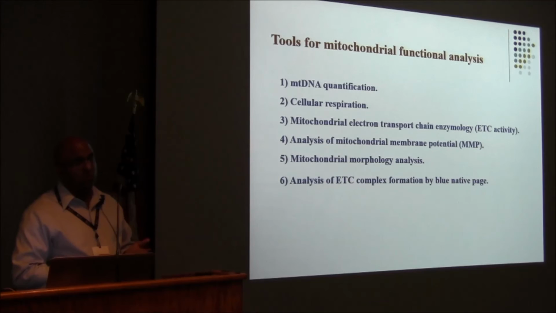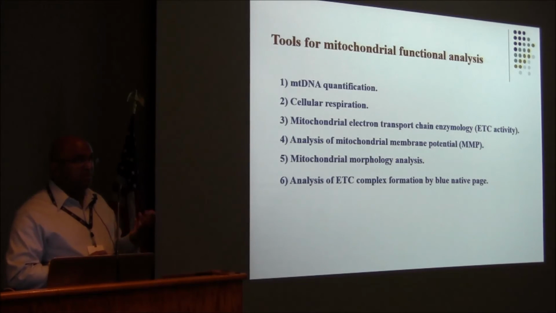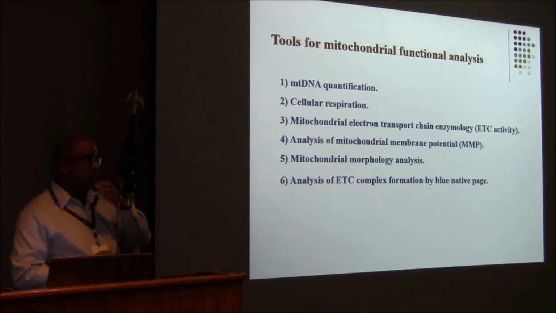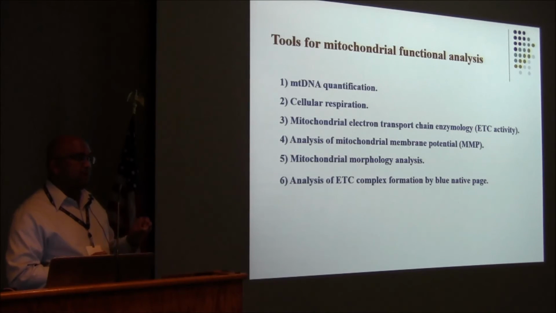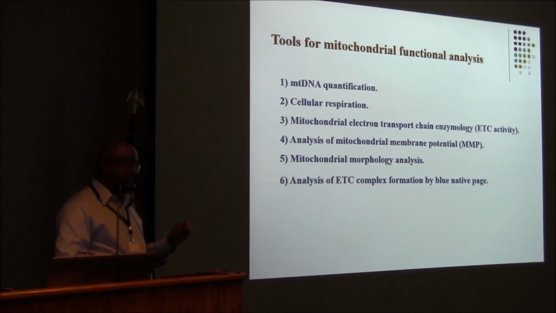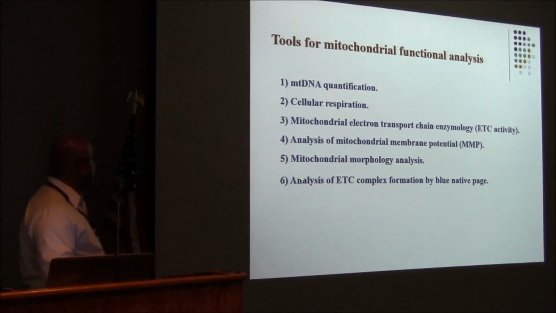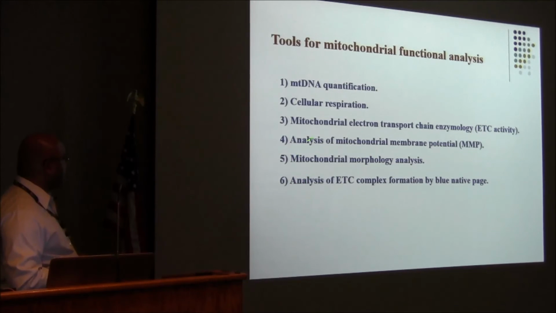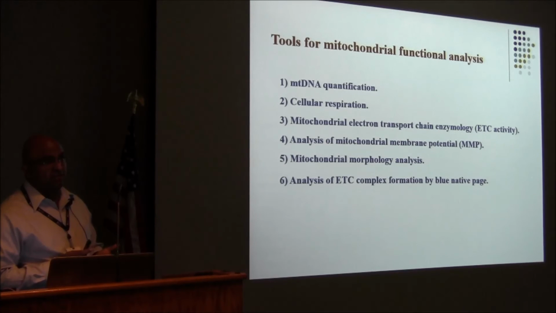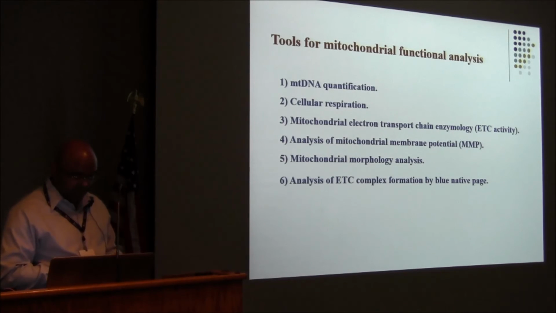Most of the time these are patients who are suspected of mitochondrial disorder, or some of them had sequencing and they had a mutation in a mitochondrial related gene, but a VUS, not a pathogenic mutation. So we use this battery of testing to delineate the function of mitochondria in those patient fibroblasts.